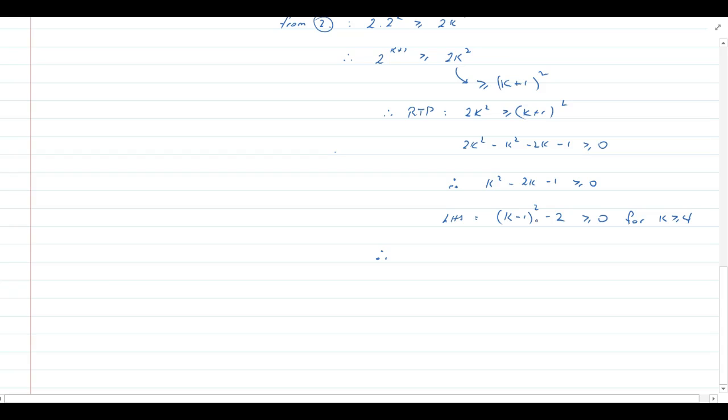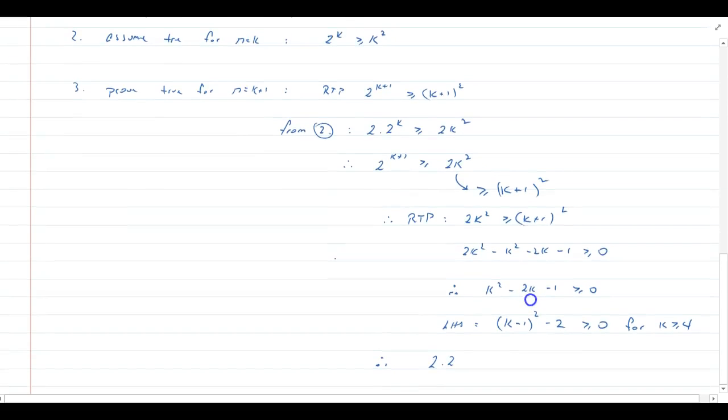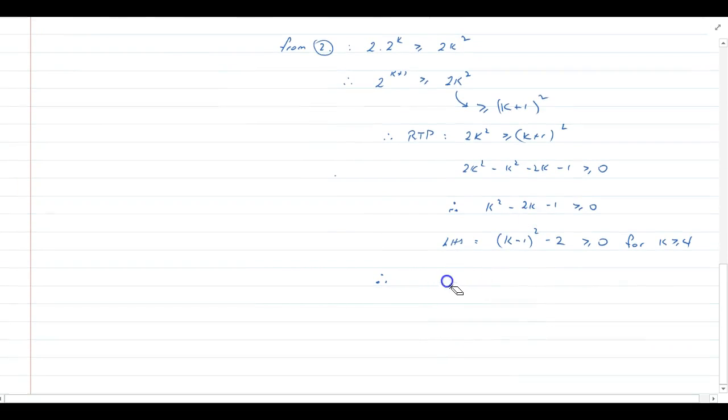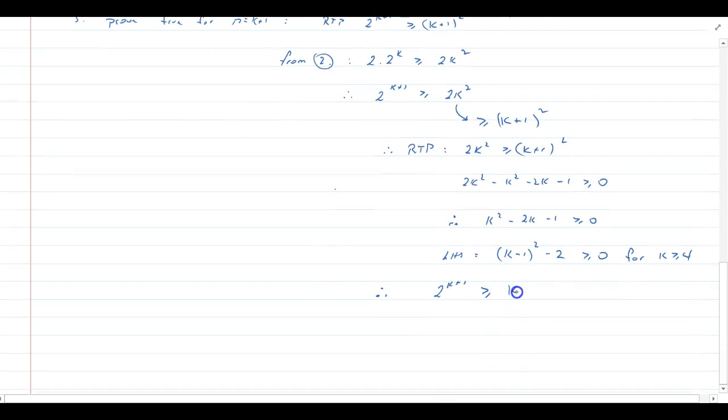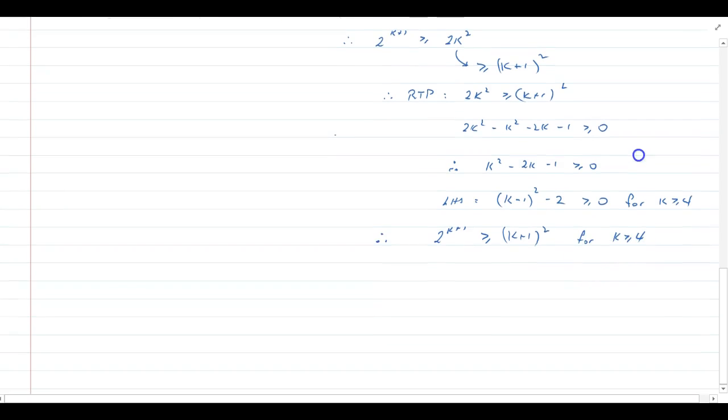So that proves our inequality. Therefore 2 to the power of k plus 1 is greater than or equal to k plus 1 squared for k greater than or equal to 4.